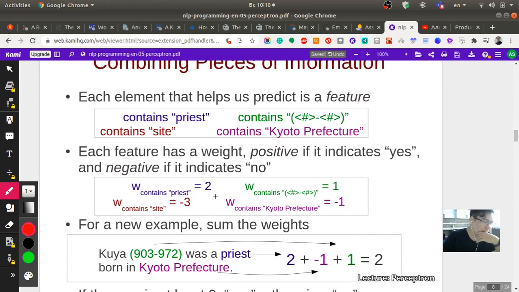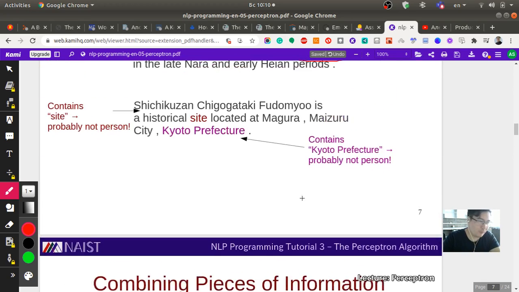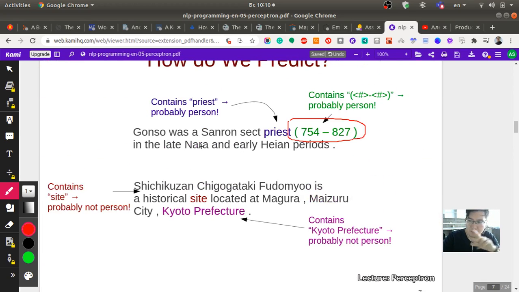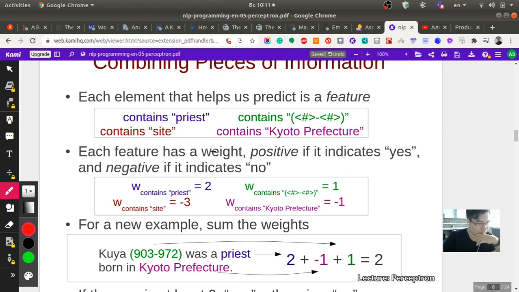So we can combine these features. We have a text and we convert the text into features, like before in logistic regression, for example, the document contains the word priest.